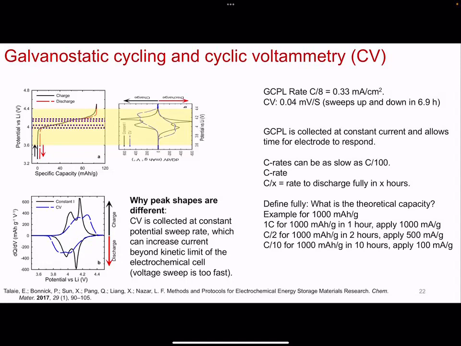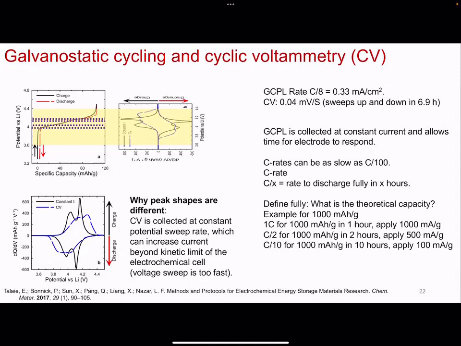So it's particularly useful if you're trying to look at where's my reduction potential? Where's my oxidation potential? CV is typically the first thing people do. And that does give you some sense. It gives you a range, but if you don't slow it down enough, your sweep might be too fast. Your material's not keeping up with your sweep rate, and thus it's not really representative of what's happening in the material.